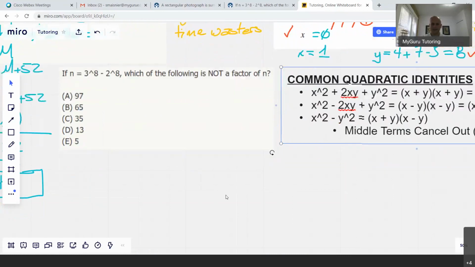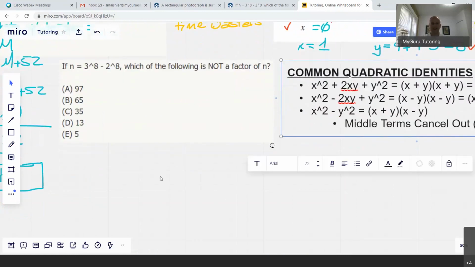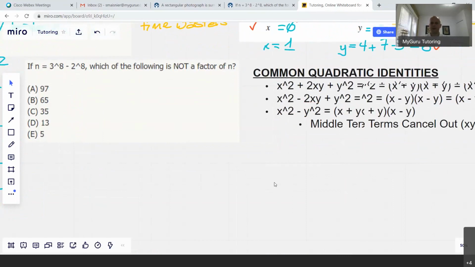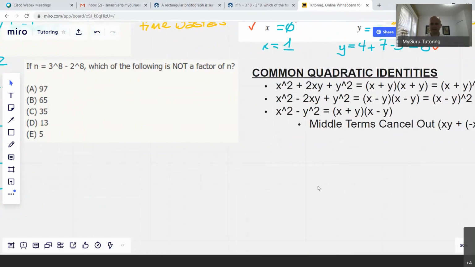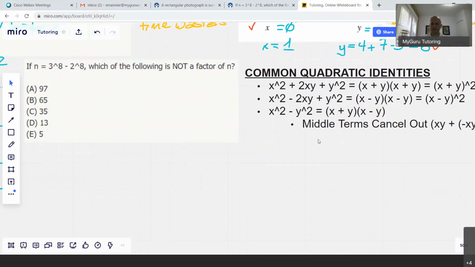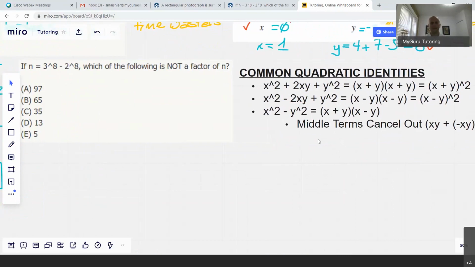So let's take a look at this: n equals 3 to the 8th minus 2 to the 8th. How can we rewrite the equation for n using a common quadratic identity here?